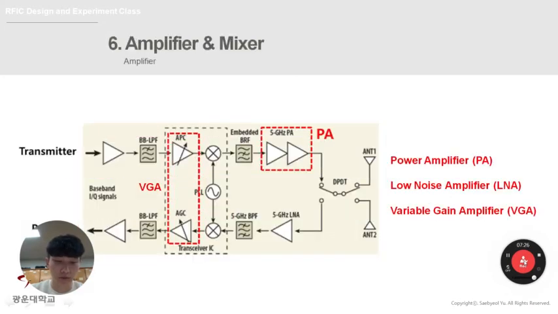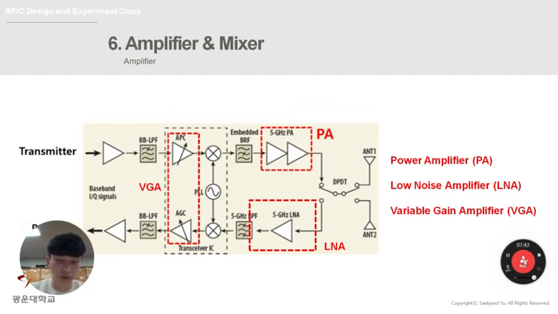Amplifiers that amplify signals are often used, especially in radio communication, because they handle small signals. The purpose of the amplifier depends on whether it is a transmitter or receiver.